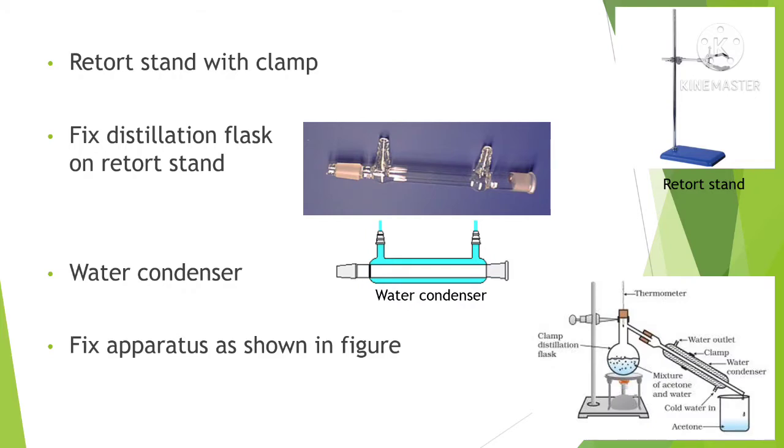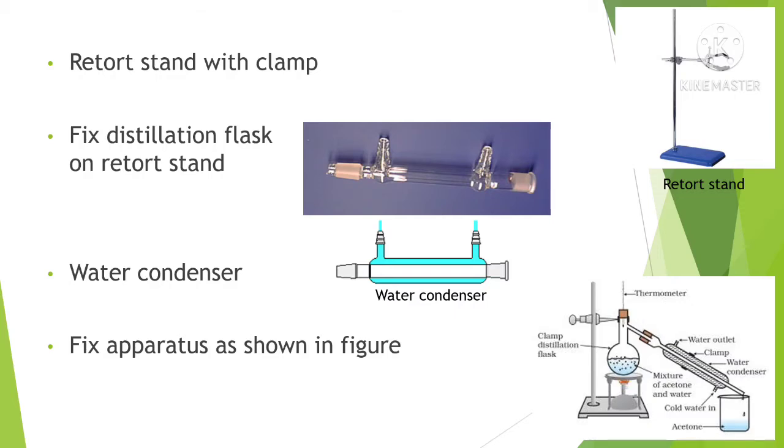As you can see, there is one straight pipe or straight tube inside the water condenser. In that tube our main component will flow, whereas in the sky blue colored portion, the water will flow. When this water flows, it will absorb the heat from the component flowing in the inside tube, so that component will get cooled.